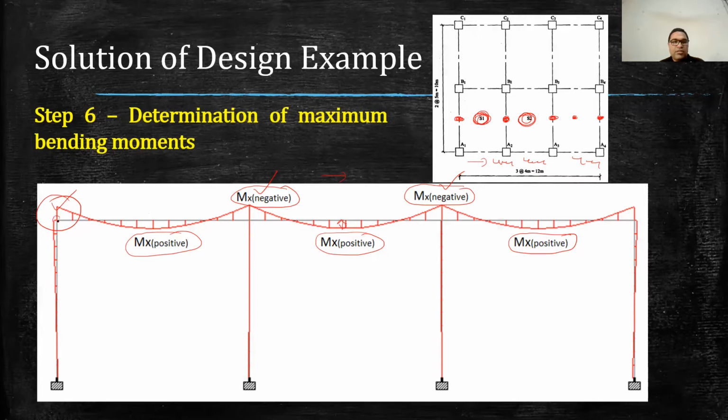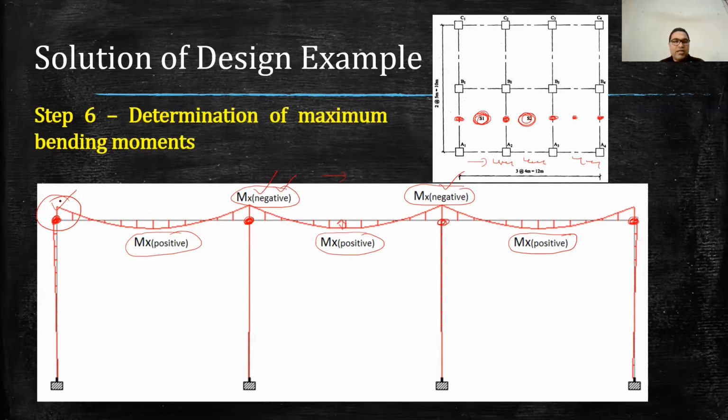Therefore the joint here will be partially fixed. These joints we will assume as fixed, and that is why we consider the full amount of bending moment occurring at these joints. But here we will assume that these are partially fixed.